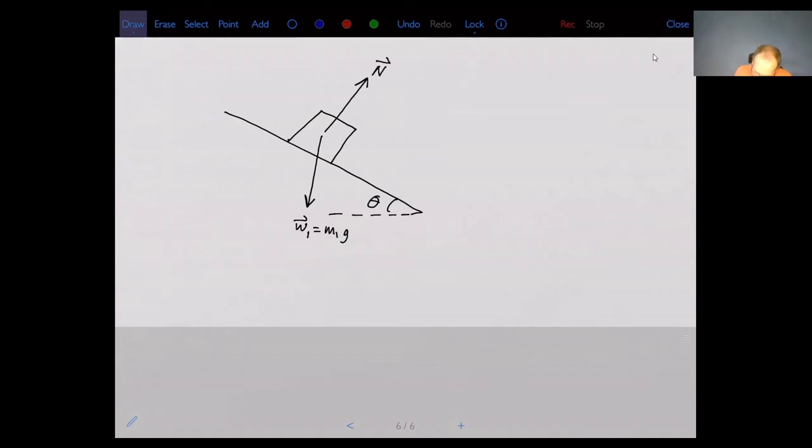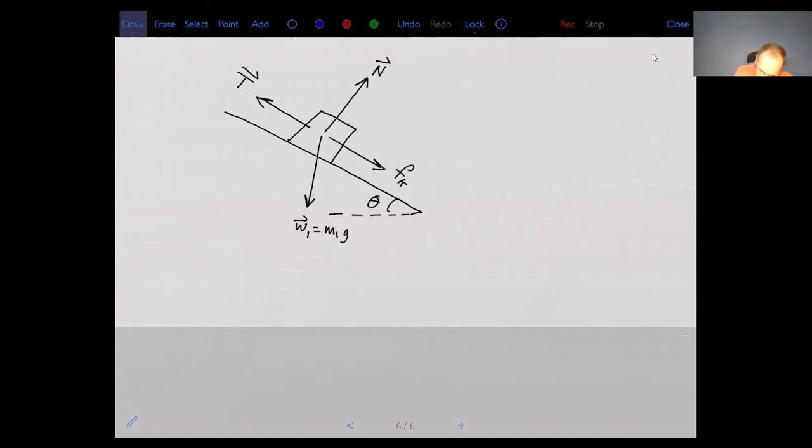And then we had the tension that was pulling parallel to the ramp, right? That was a string. And then also, since it's moving at a constant velocity, or it doesn't even matter if it's moving at all, it has a kinetic frictional force. So we have a kinetic frictional force in this direction, Fk.